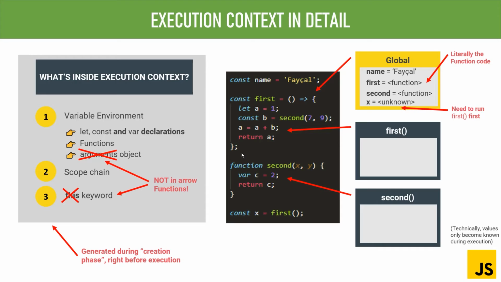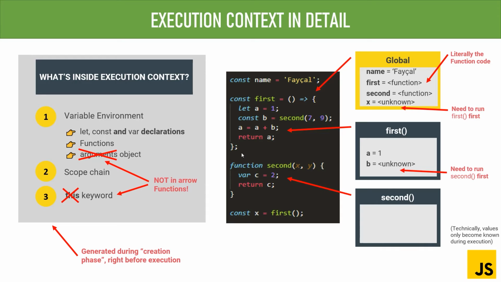Anyway, now, in the first function, we have the variable A set to 1 and the variable B, which once again requires a function call in order to become known.